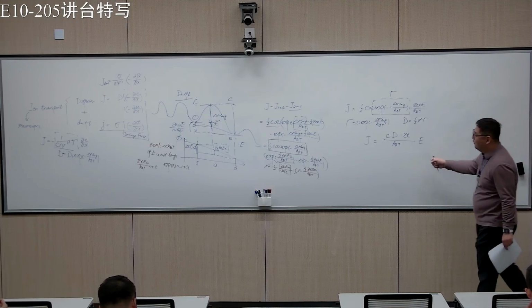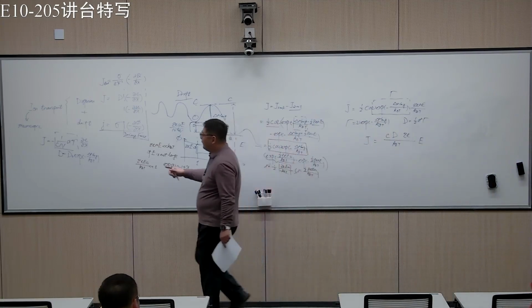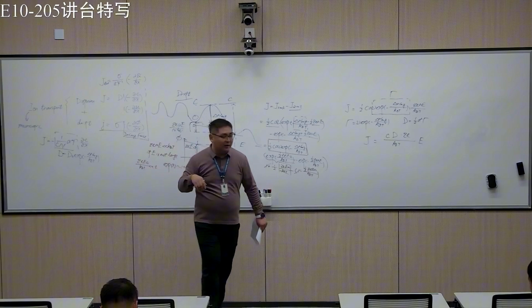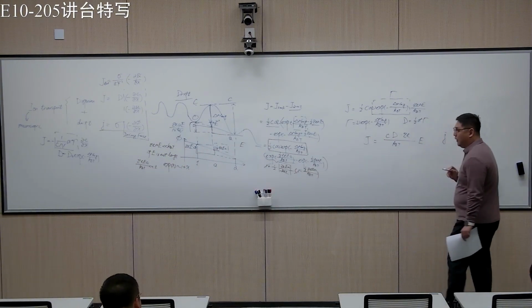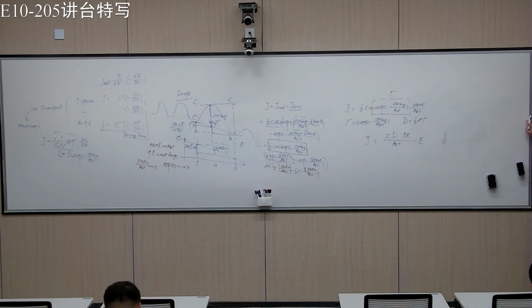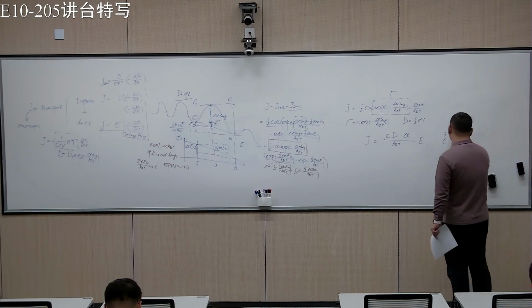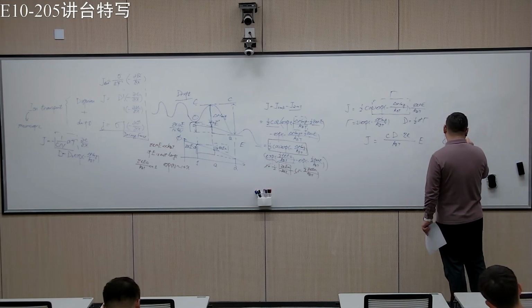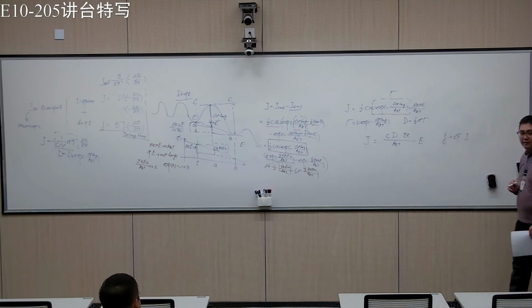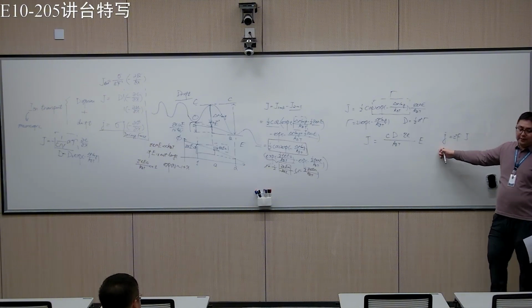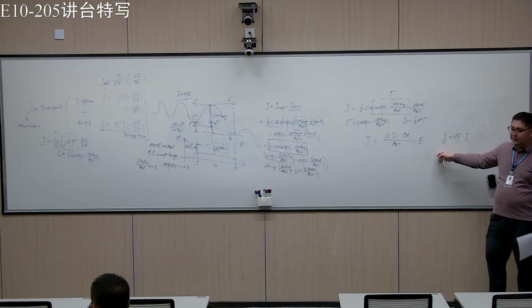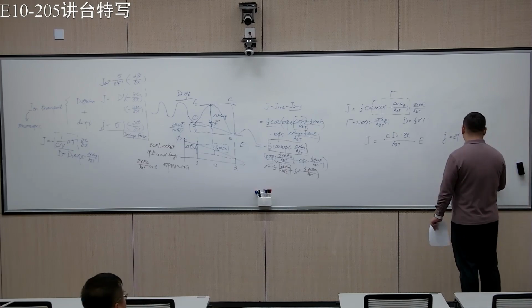If I compare this with Ohm's law, it looks very similar. However, we know that in Ohm's law we have the current density, which is the charge flux. This J is the particle flux in mole per centimeter square per second, while the charge flux is Coulomb per centimeter square per second. There's a difference between those.